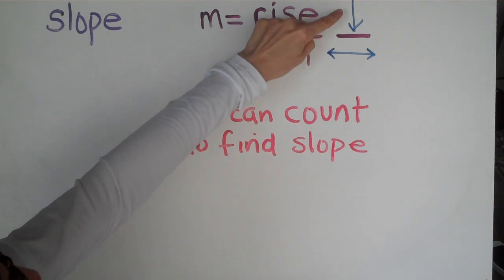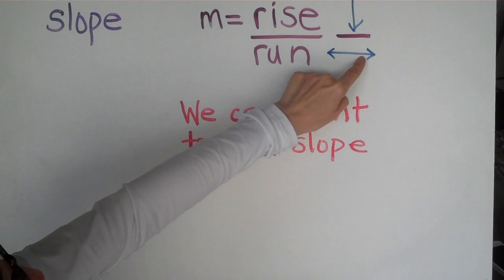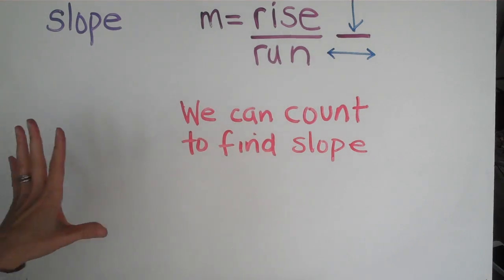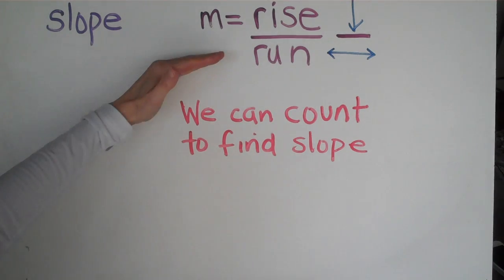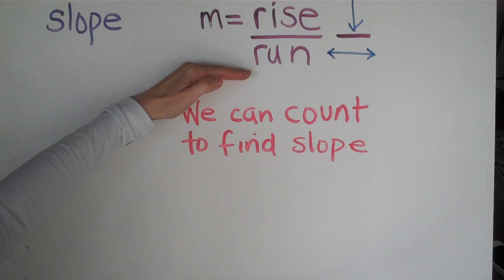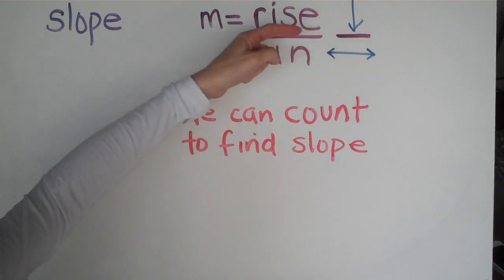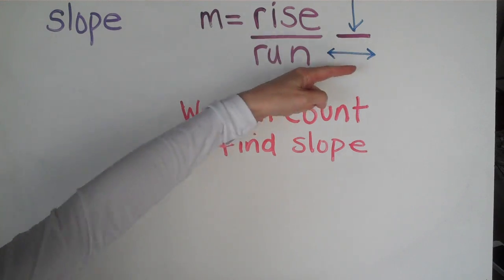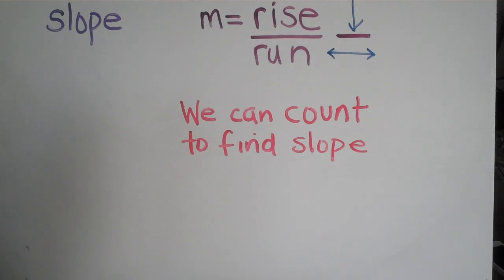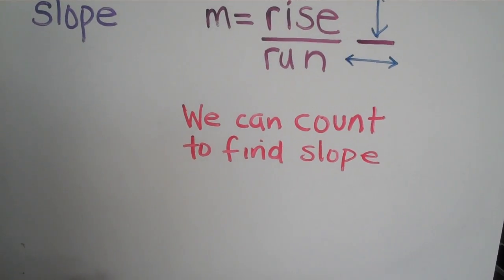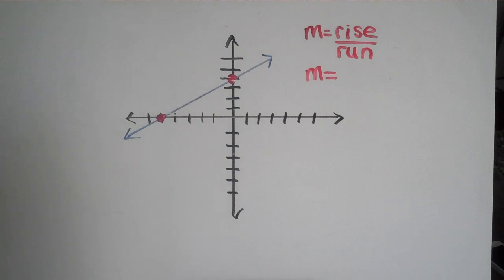So it's a vertical movement over a horizontal movement, and you'll see that become clear. If you just remember, it's a rise over the run, and rise is represented by the arrow going up and down. You rise up and you run across, okay? It's fairly simple. So basically, we're just going to count to find slope in this video. That'll become clear once we get to an example.